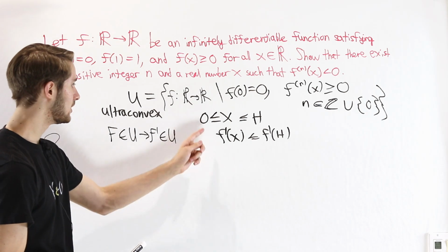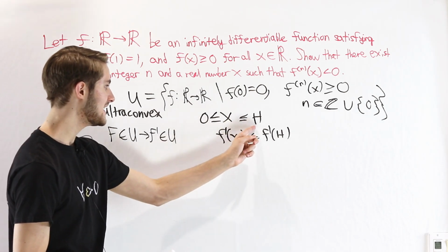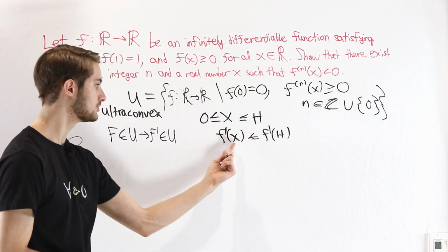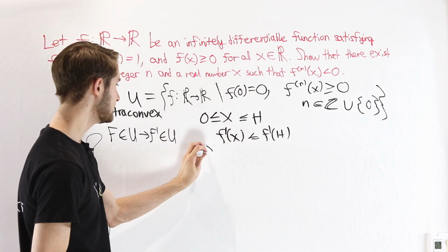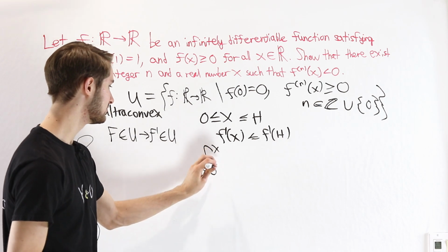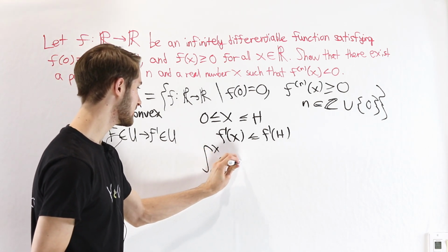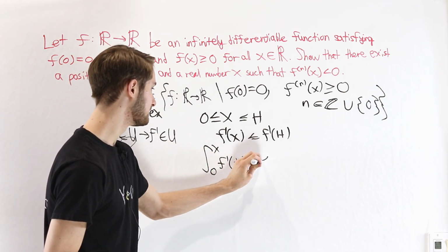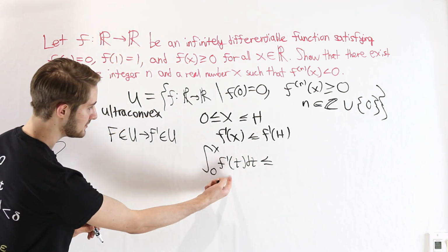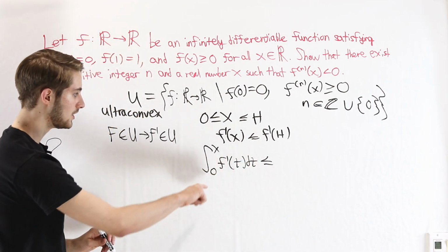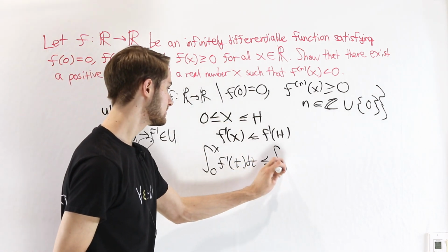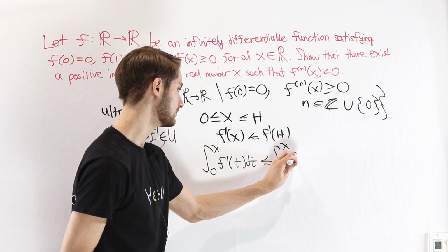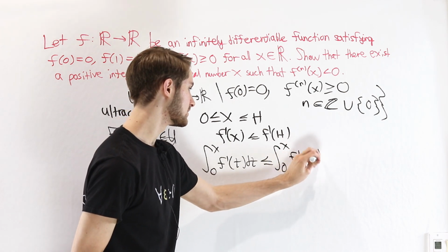In that case, on the range from 0 to h, this inequality will be true for any value we plug in to f prime. So if we take the integral from 0 to some value x of f prime of t dt, the inside value of this integral, f prime of t, on 0 to x, for x less than or equal to h, must be less than or equal to f prime of h.